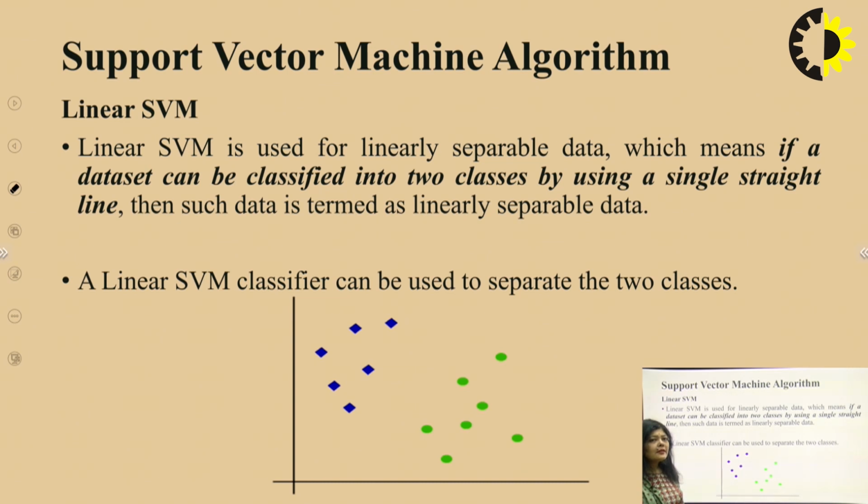So if your data has a linear relationship, or it can be linearly separated, then the type of SVM classifier that we are going to use is the linear SVM, or the linear support vector machine classifier.